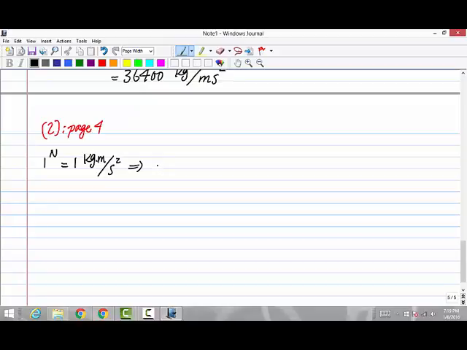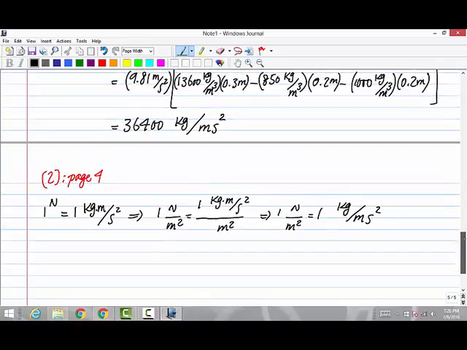If I divide both sides by meter squared, then I have 1 Newton per meter squared equals 1 kilogram meter per second squared divided by meter squared. Therefore, 1 Newton per meter squared equals 1 kilogram per meter second squared. Awesome. This is exactly the same unit that I had here, right?